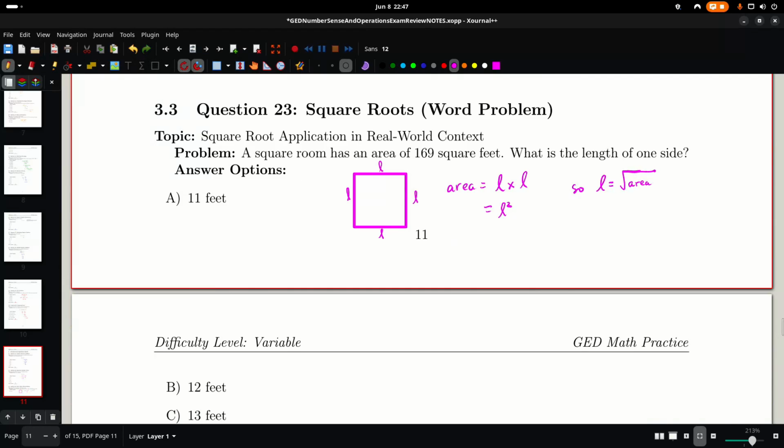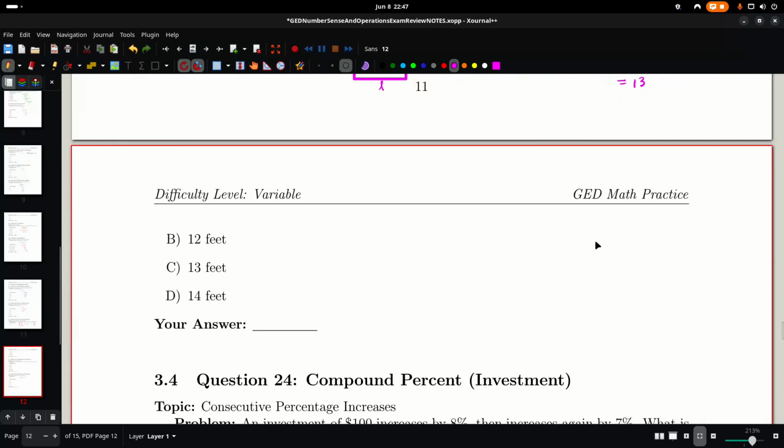And we know in this case we'll only get a positive square root because we can't have a negative length. And so we have the square root of 169, which I believe is 13. So if we look at our options here, we do have an option 13. So that's going to be C. So answer C, 13 feet for the length of a side.